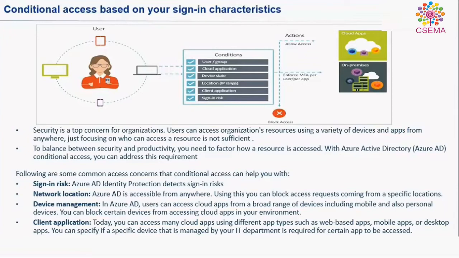Again, this can be controlled with your client application also. Just to give you an example, it's not directly related to conditional access: if you have configured Outlook on your phone, you would have seen that you need to provide a PIN or your fingerprint if you have fingerprint-enabled phones. That is something which is managed by Intune, just to give you an idea.